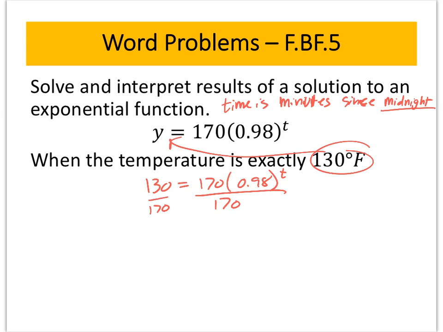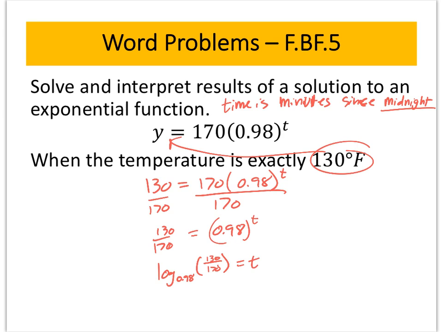So we get 0.98 to the power of T equals 130 over 170, and log base 0.98 of 130 over 170, and I keep it as a fraction to make it more accurate.